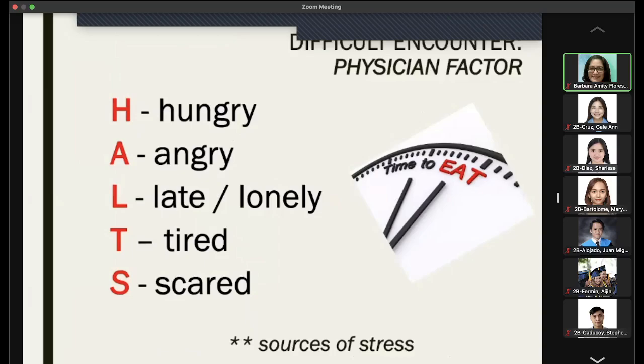So, when they don't have time to eat, when they become angry or frustrated, maybe because of the long hours that they have, maybe from not being able to do things that they want to do or not being able to take care of personal things, no? When they become late or they need to finish something and they are late, when they get left behind.